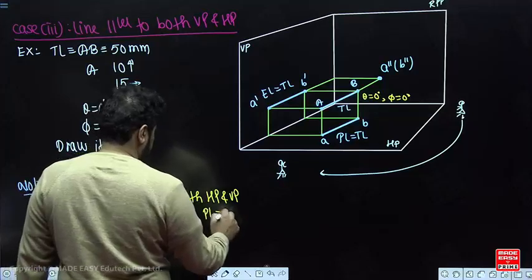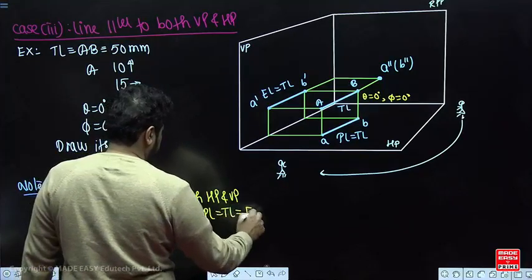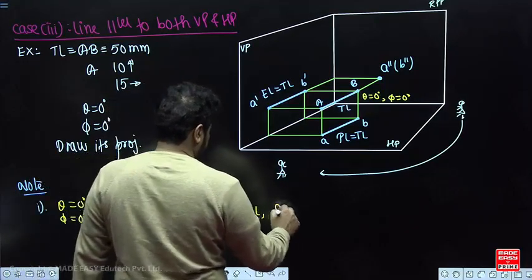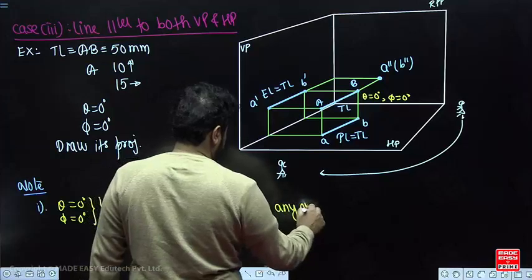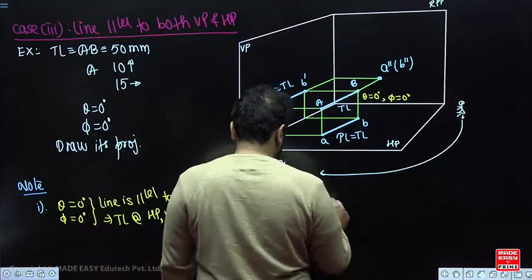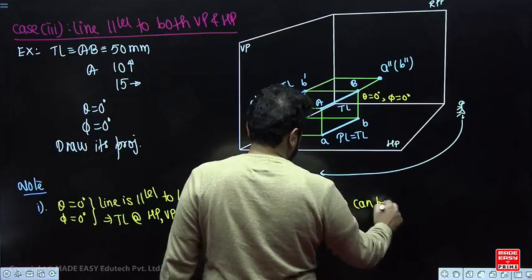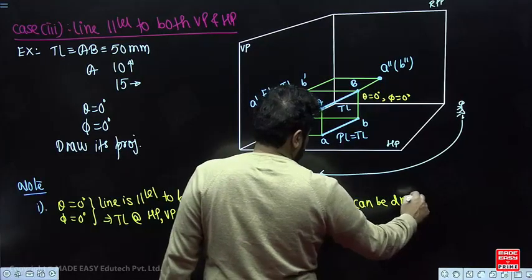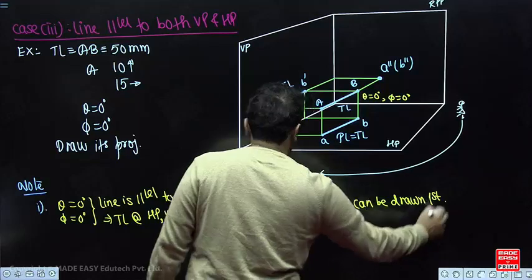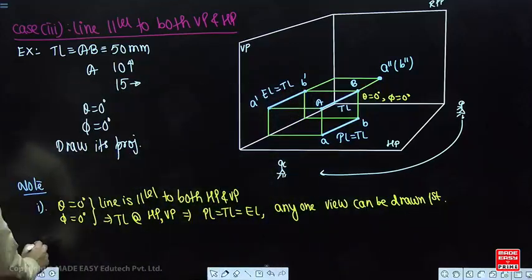Plan length is equal to true length is equal to elevation length. Any one view can be drawn first, correct?